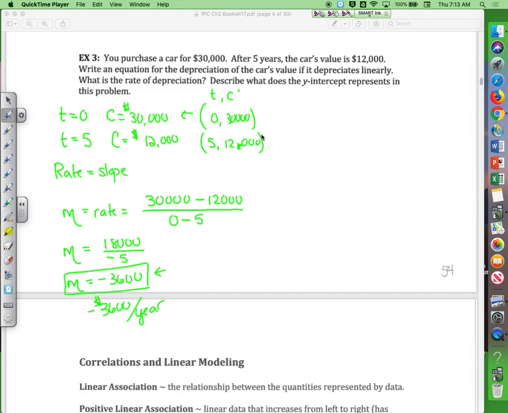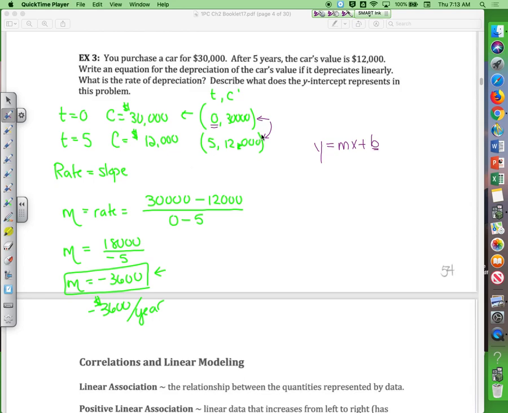So if I want to find the equation for the line, I have the slope. I'm going to take one of the 2 points. Now one of these 2 points is going to be easier to work with than the other one, and it's this first point because you have an x-coordinate of 0. So if you think of your y equals mx plus b, we'll use that form because I'm looking for what the y-intercept is.